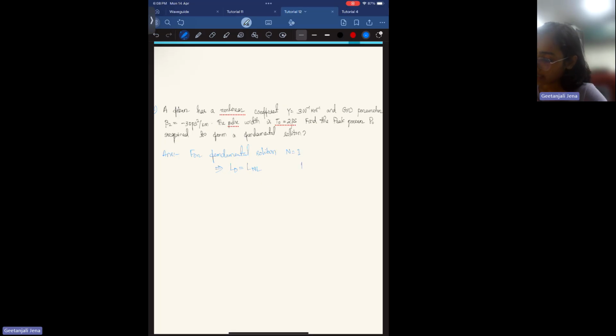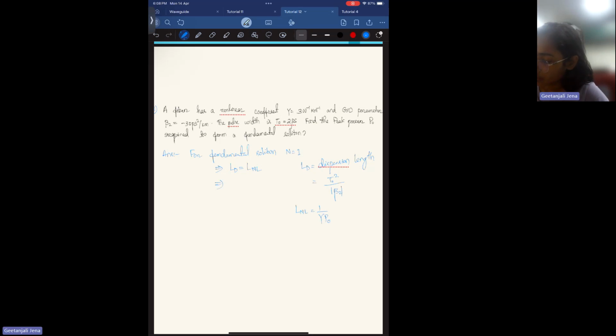LD is the dispersion length for the fiber, and it is given by T0 square over mod of beta 2. For the nonlinear length, we have the inverse of gamma P0, where gamma is the nonlinear coefficient and P0 is the peak power.